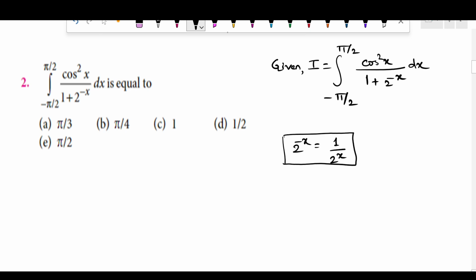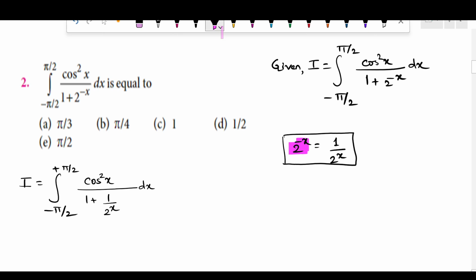Then this I is the integral from minus pi by 2 to plus pi by 2 of cos square x upon 1 plus 1 over 2 to the power x dx.